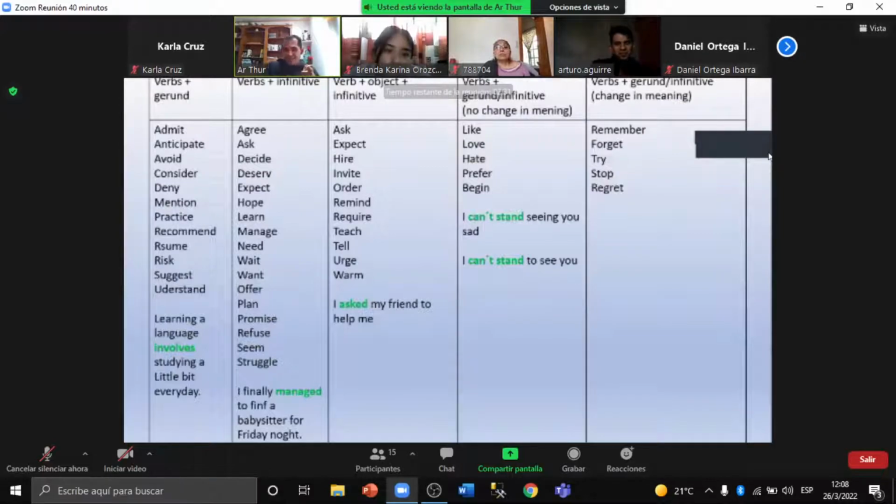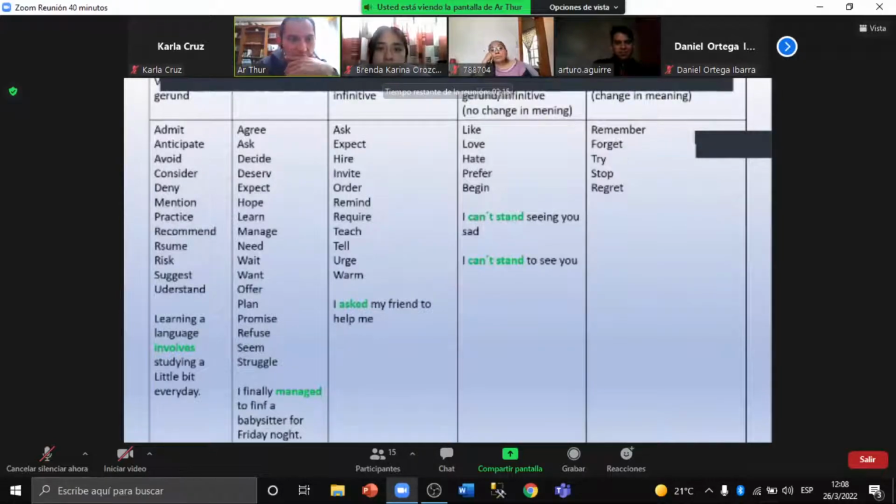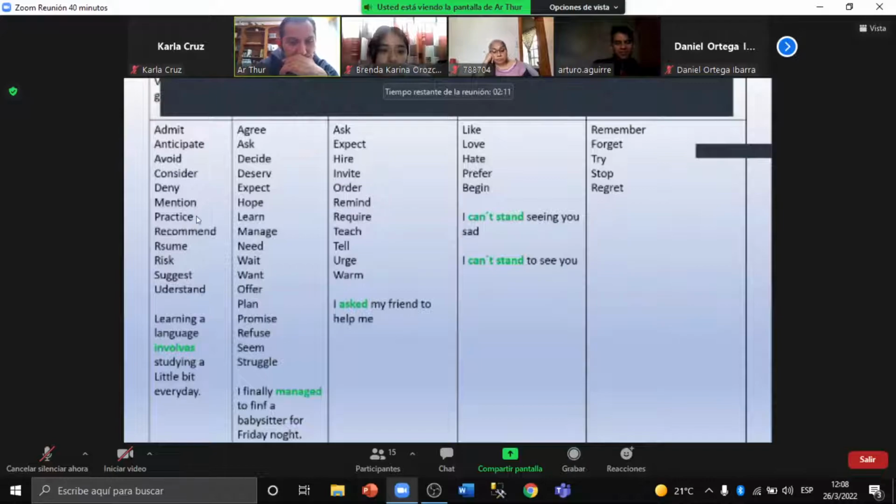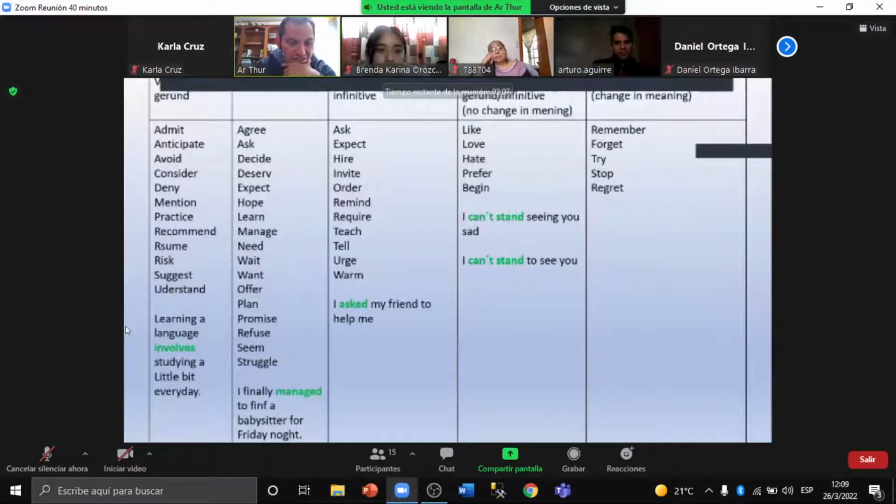You can use the stative verbs love, stop, like. But remember, you can use these verbs or other verbs like this one. Learning a language involves studying a little bit every day.